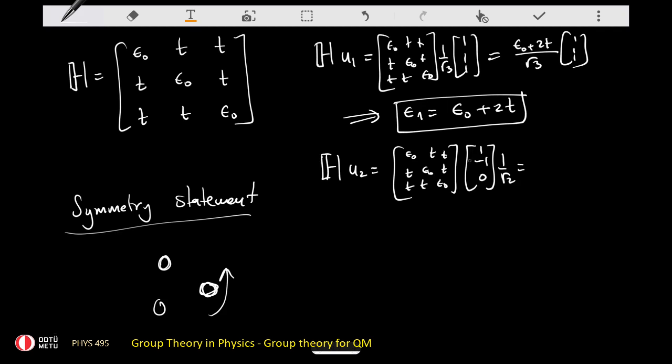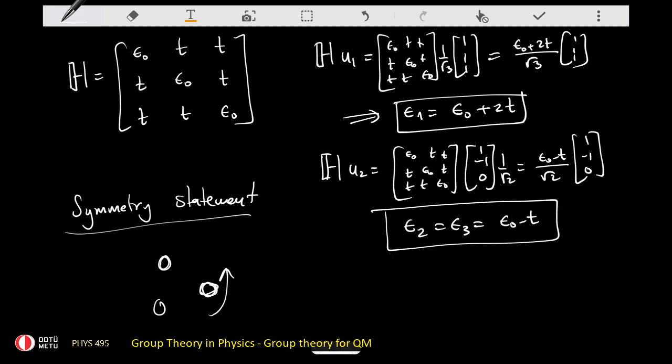You can see that at least the first entry is epsilon 0 minus t. And what you get is this. Just do this calculation, find all the entries, and you're going to find that this is indeed the case, that the eigenvalue is that. So as a result, the second and the third eigenvalues are equal to epsilon 0 minus t.